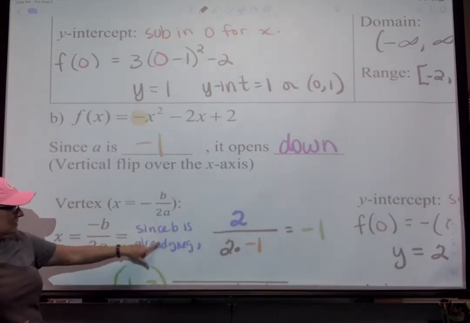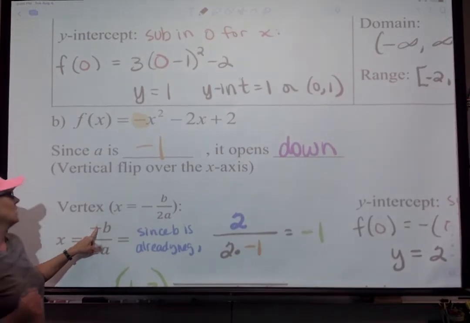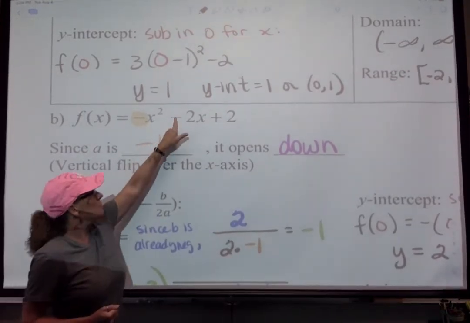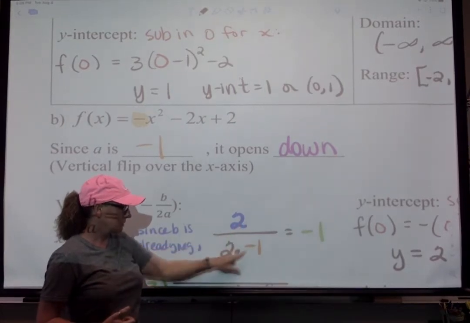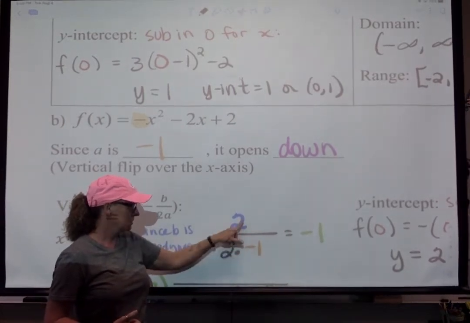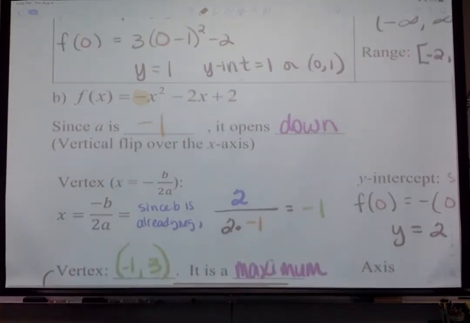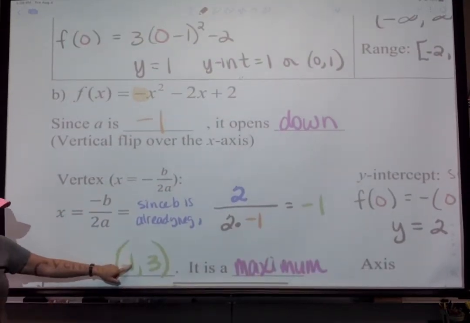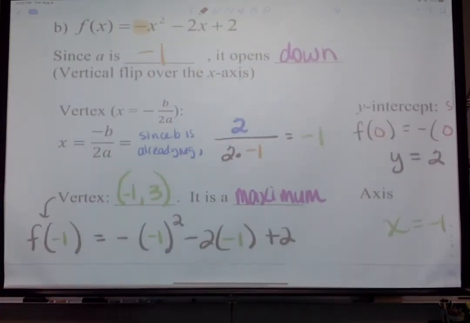Since B is already negative, I need to do the opposite of -2. So I'm going to write +2 all over 2 times A. 2 divided by -2 is -1. Okay, so I know that -1 goes here. And then I need to find this one.